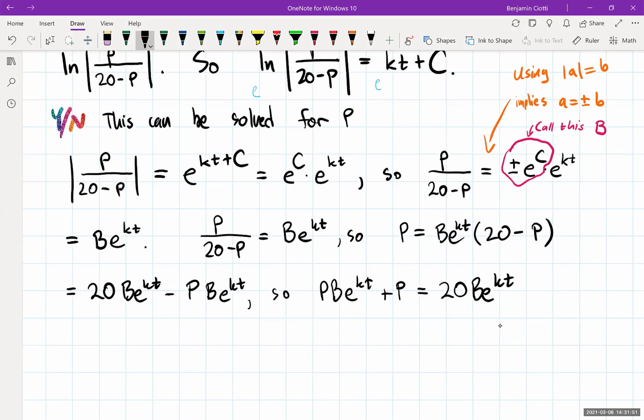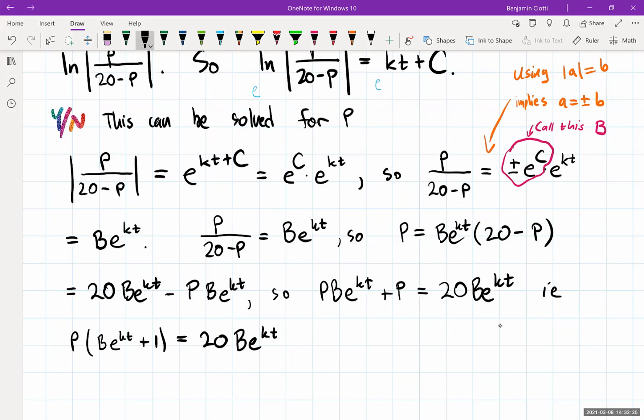Any questions on that? Okay, I can pull out a P. I'm left with B e to the kt plus 1 equals 20 B e to the kt.